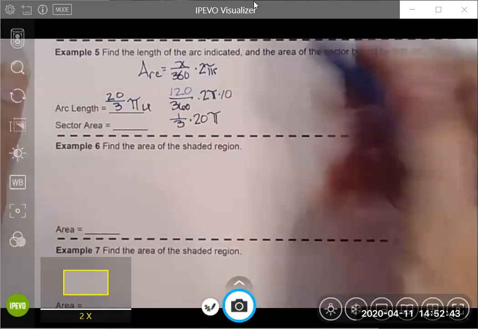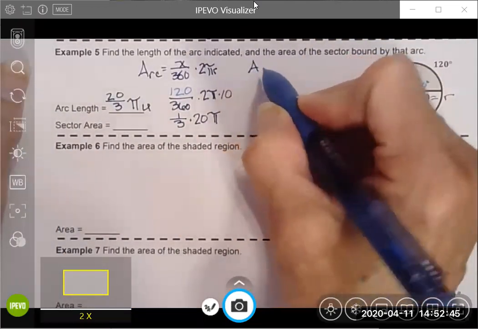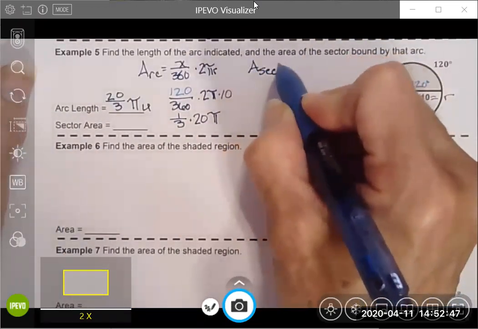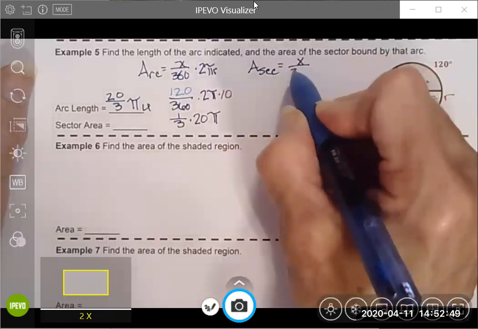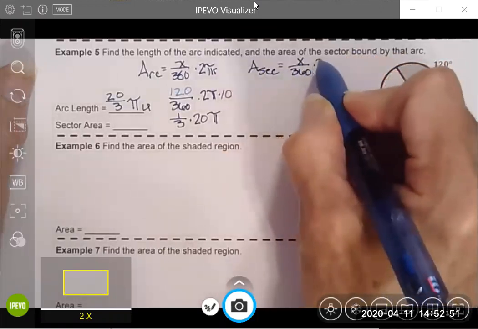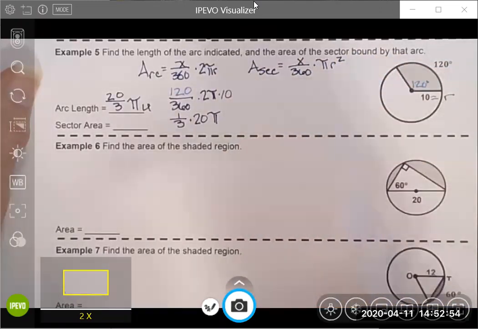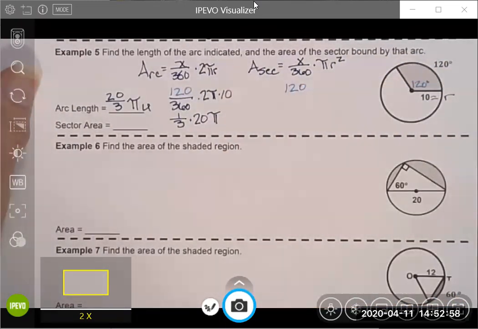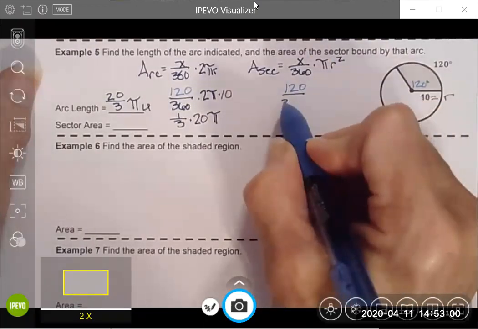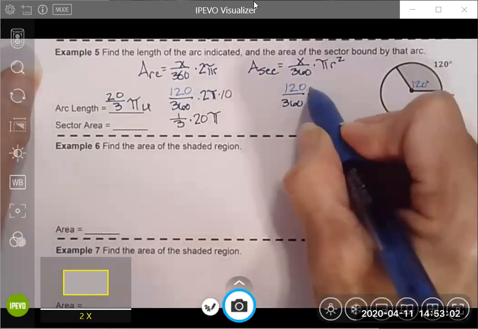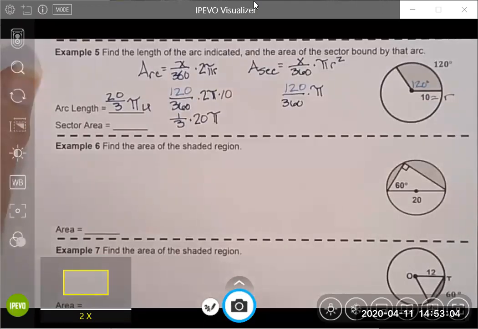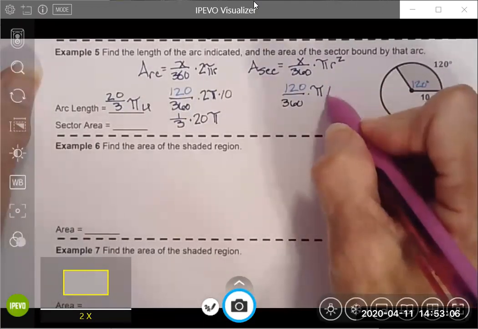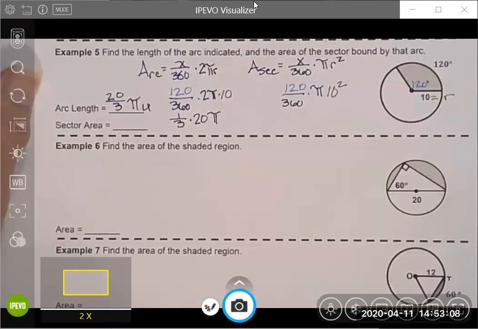Now, sector area. I'm going to follow the same strategy. Area of my sector is going to be equal to a percentage of my circle times the area formula. I'm going to substitute in what I know. I know the central angle, part of the whole circle, pi, and we know our radius is 10, and I'm going to square that.